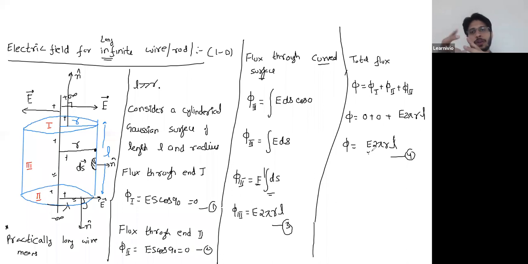First we calculate using the field, then we calculate the same flux using Gauss law. Then we equate those two fluxes, and by equating them you can get the value of the electric field. The Gaussian surface is important because you can't use Gauss law for an open surface; you can use it only if your surface is closed. Got it? Yes, sir. Just note it down. Please note it.